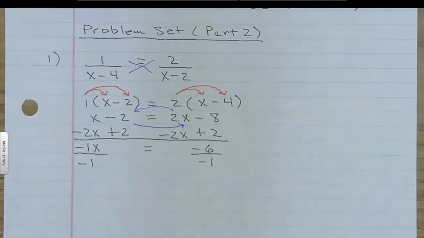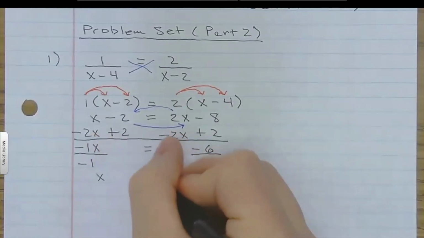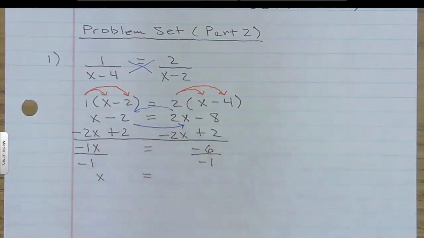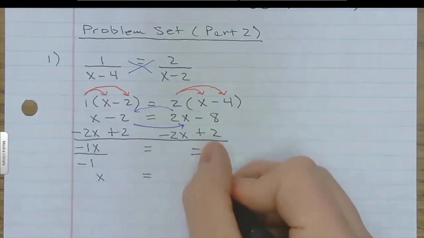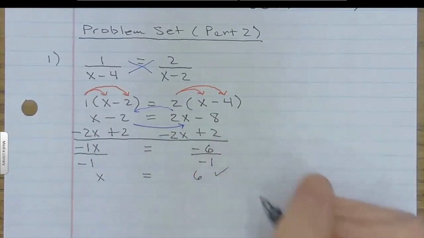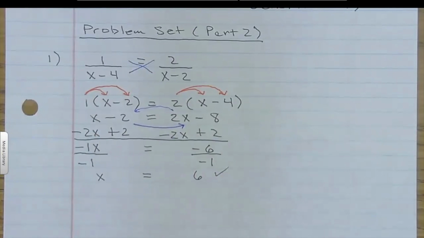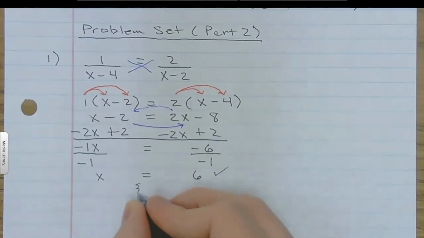So I divide both sides by -1, and they do cancel out on the left side. That's true. So the x is going to come down. And then on the right side, I have -6 divided by -1. That's going to give me a +6. So 6 is going to go inside the solution set.